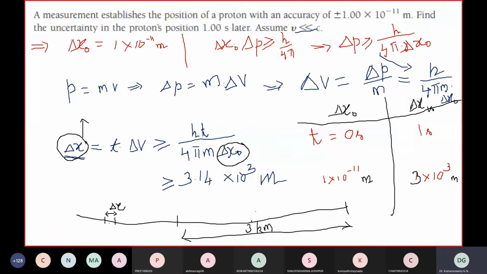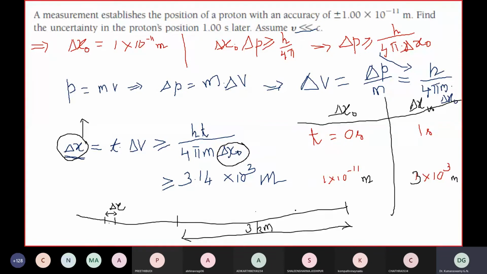No. Size cannot change. Size is 10 to the power of minus 16 meter only. But it could be found anywhere in this 3 kilometers. Think of finding a proton in 3 kilometers. Something which is impossible, right?